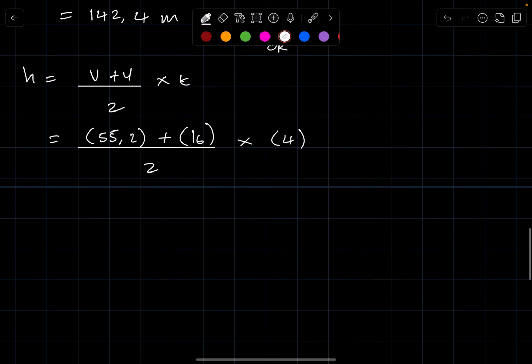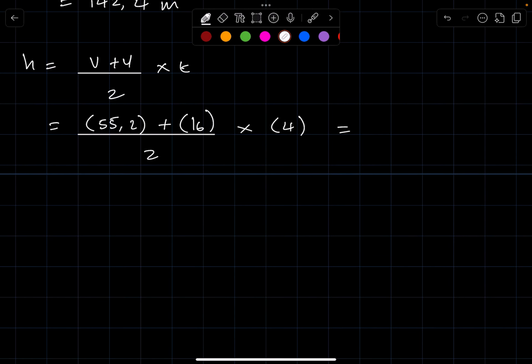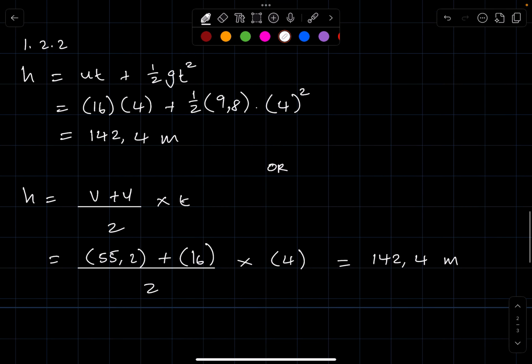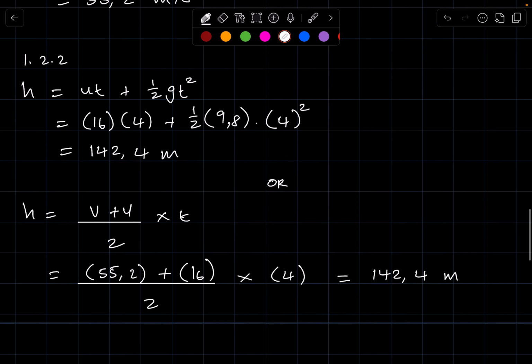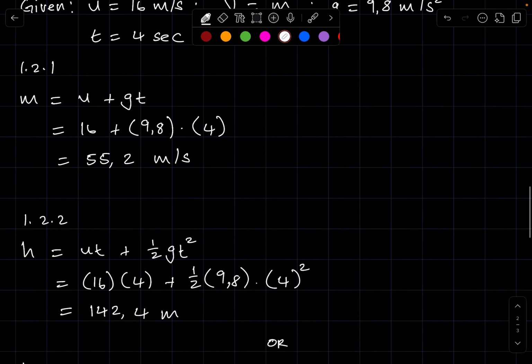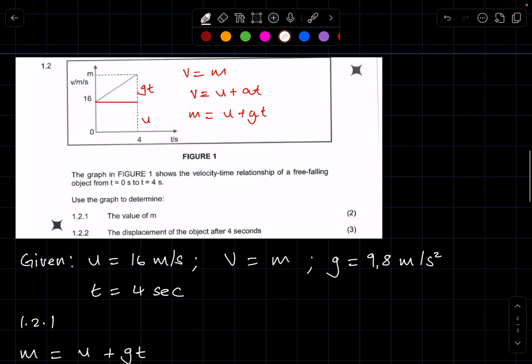Now punching this in your calculators, you should get the same answer, 142.4 meters. This is why it is important that you understand how to derive the equations of motion, just in case you get such questions.